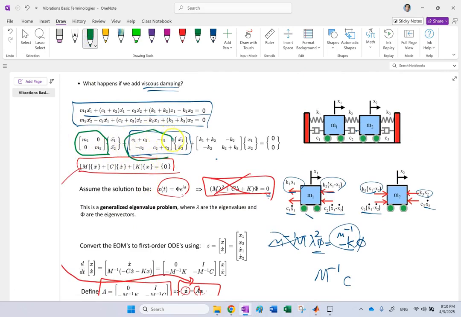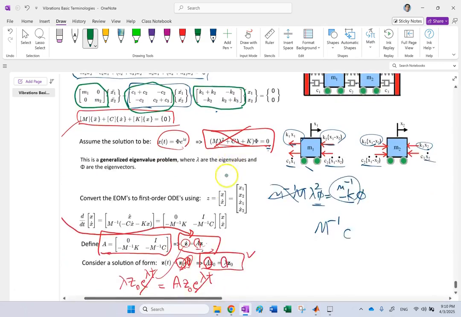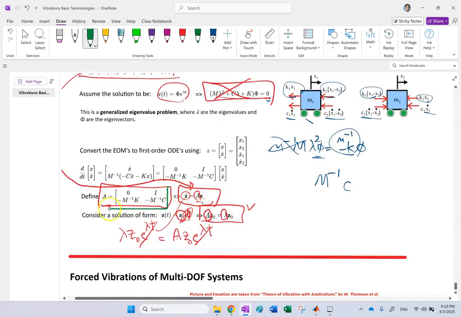M, C, and K. I form these, and then using those, I form my A matrix here. Remember, this A is a 4 by 4 matrix. So when I say 0, that's not number 0, that's a 2 by 2 matrix of 0. And this identity matrix is also a 2 by 2 identity matrix. Okay?